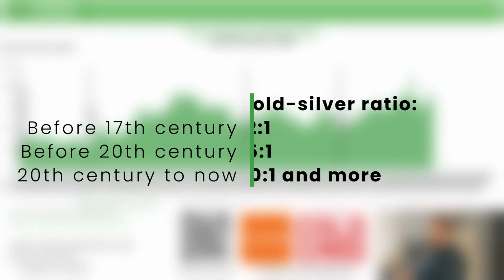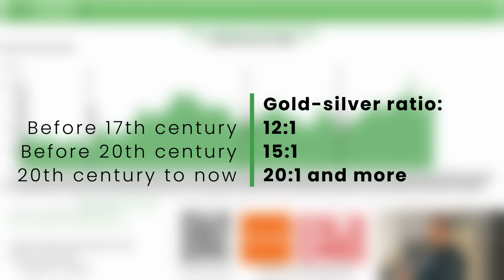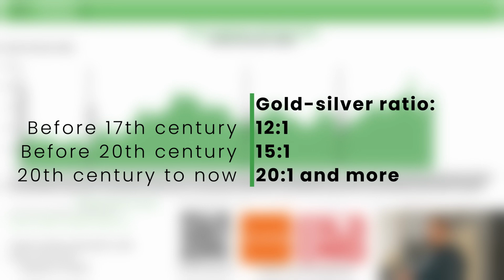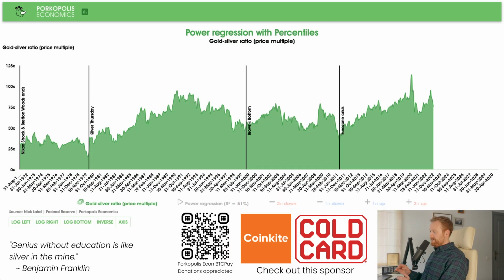So in the last 1,000 years, we saw the gold-silver ratio morph from 12 to 1 to 15 to 1 to now in our modern market where there is no Gresham's law in place with gold and silver because both are freely floating on the market. We have this chart right here.